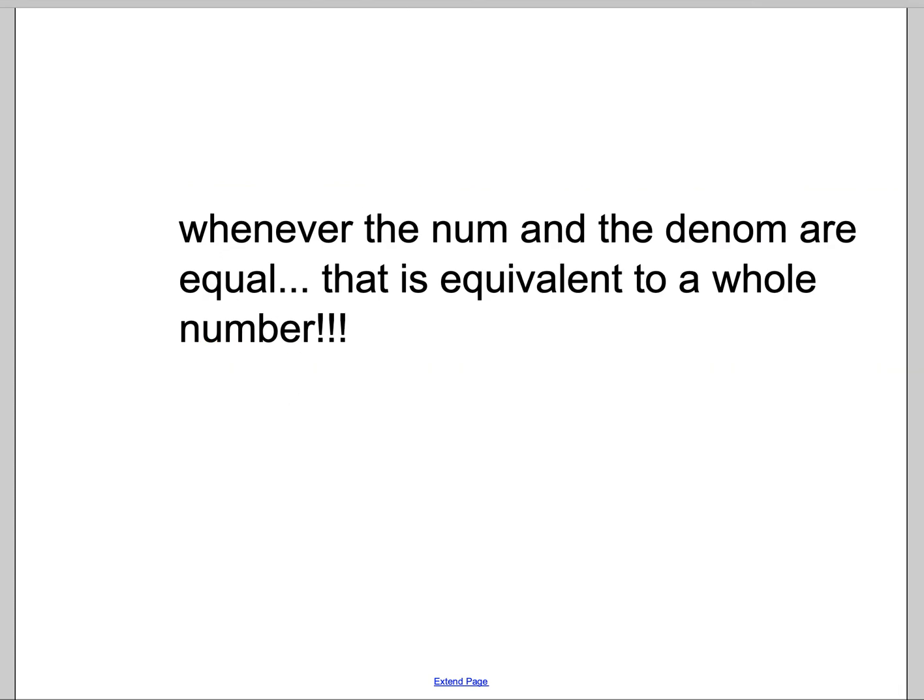Right? So if I have 7 out of 7, that's a whole. If I have 3/3, that's a whole. And let's say we have star over star. We have the same thing. I know they're not numbers, but you get it. That is also worth a whole. Whenever the numerator and the denominator are equal, you can create and trade in for a new whole.